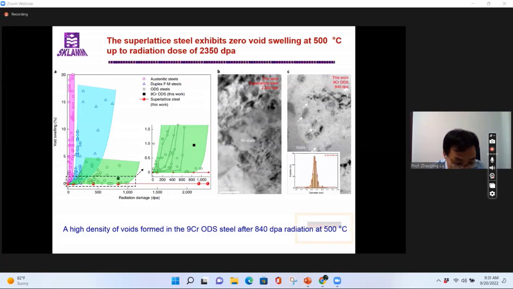In comparison, the typical ODS steel at 840 dpa, tested at the same temperature, has a high density of voids inside the material, as shown on the right image.